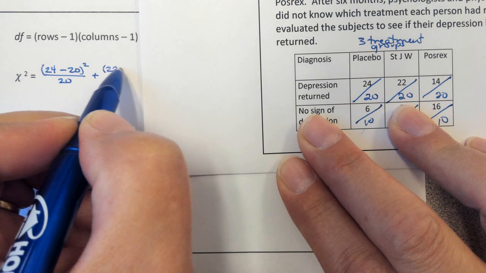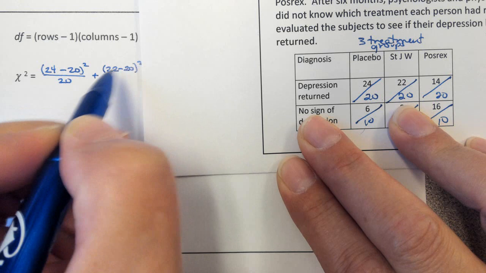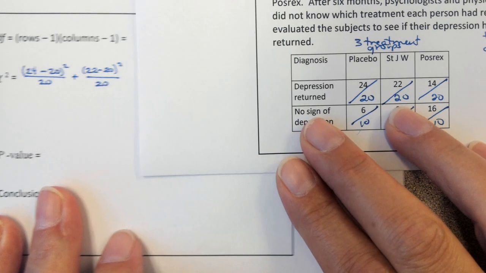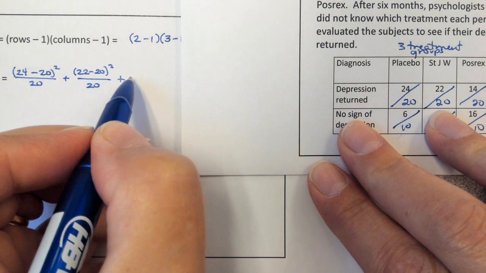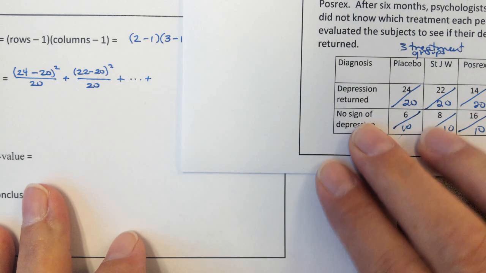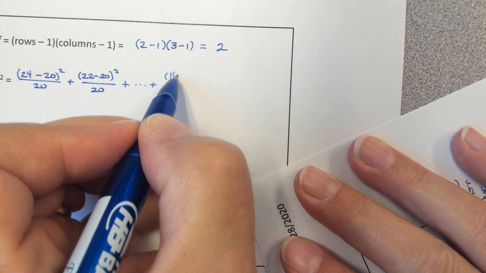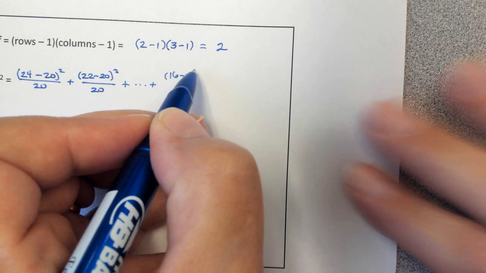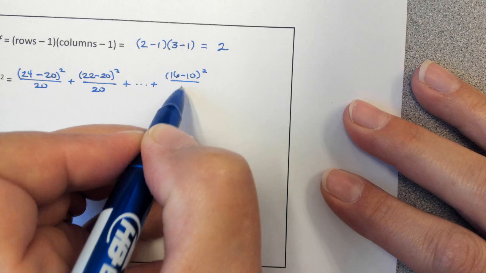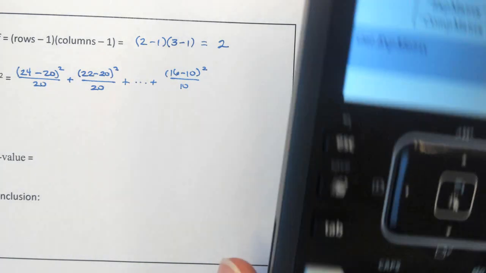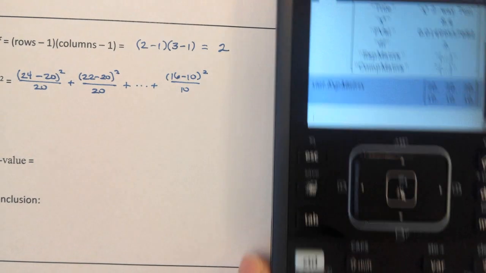So observed 22, expected 20, square it, divide by the expected 20. And because I don't want to write 6 of these down, we'll do plus, dot, dot, dot, and then skip to the very last one. So that's the 16 minus 10, quantity squared over 10. And the calculator's already calculated this because I've already run the test. So now I just have to jot down some numbers.